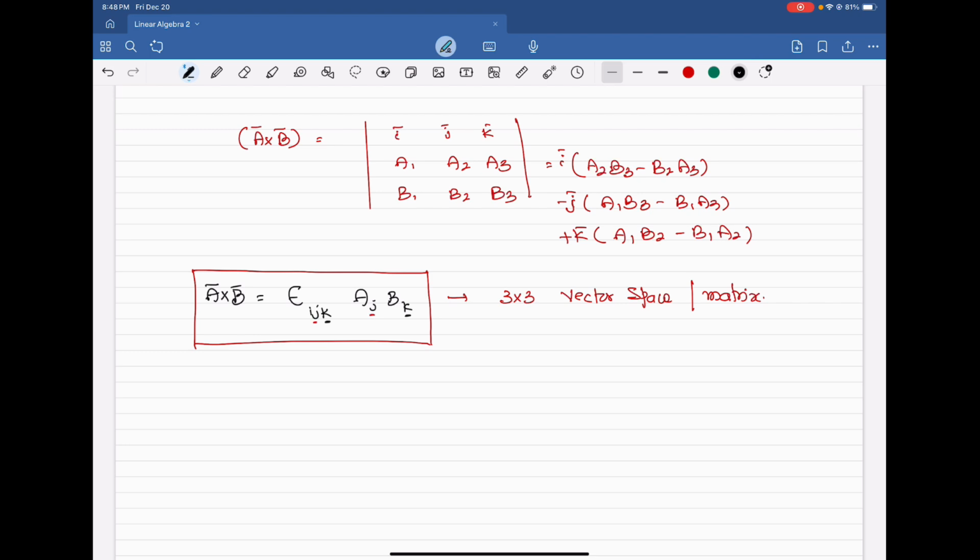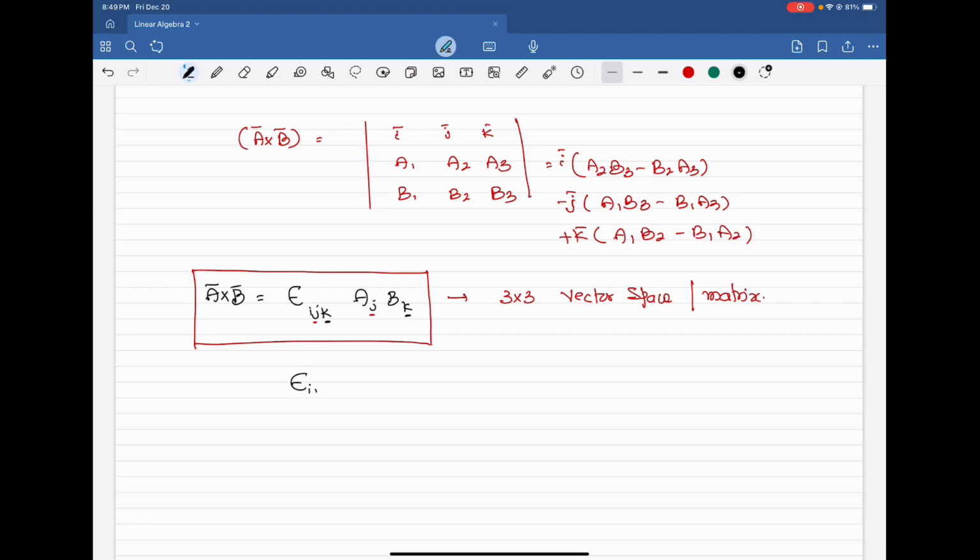Now what is the value of epsilon ijk? If it is in the cycle in clockwise direction, it is +1. If it moves in the anti-clockwise direction, the value is negative. Then can we write the permutations or combinations for epsilon ijk? Let us write now.